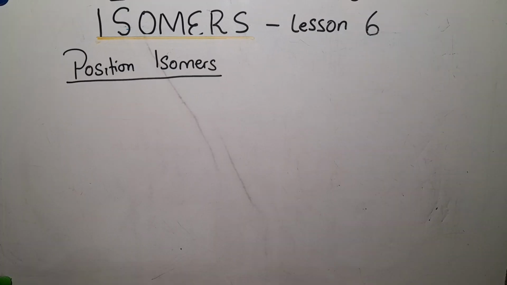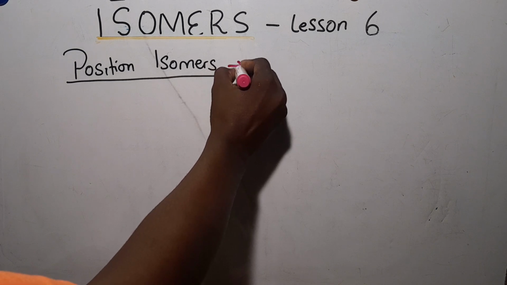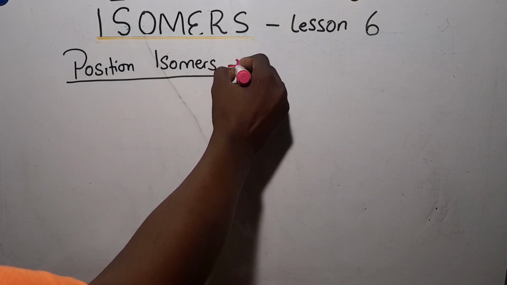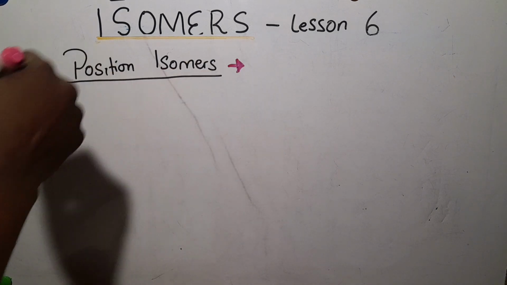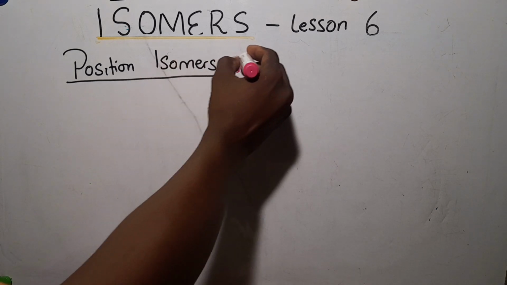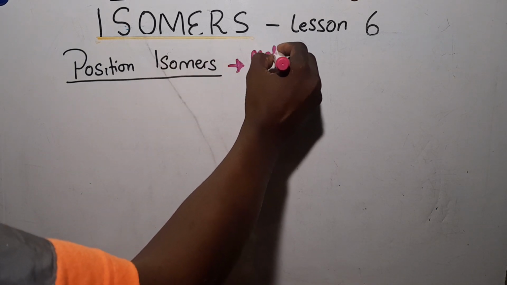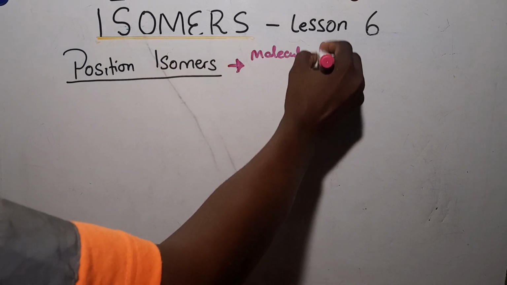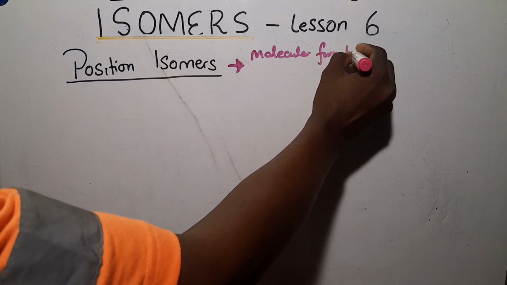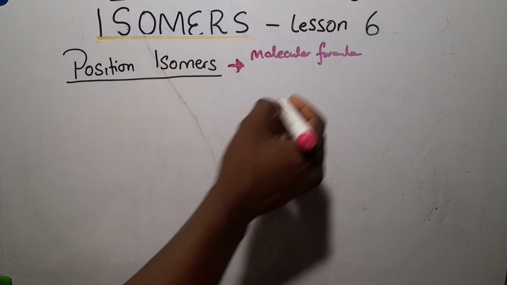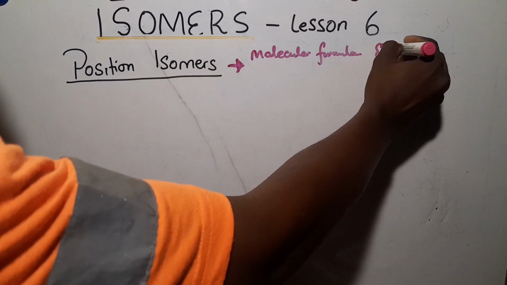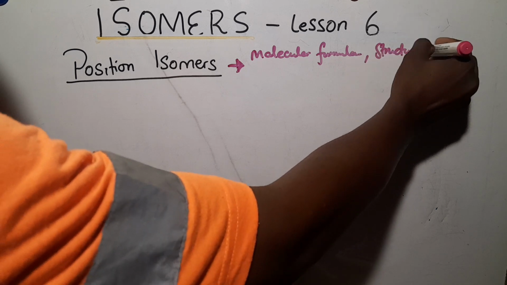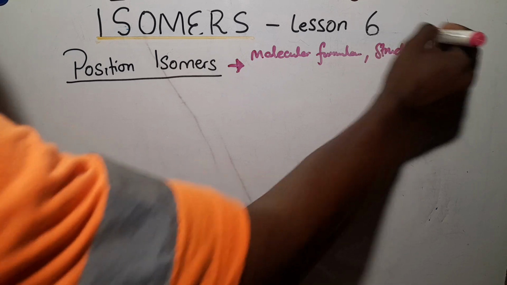So position isomers. Now with position isomers, it's a bit different, but still we are applying the same rules. So still the molecular formula is the same. But the structural formula is different, right? But how different now?